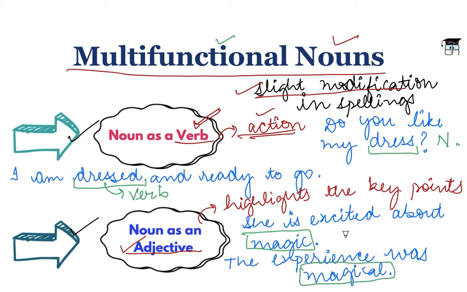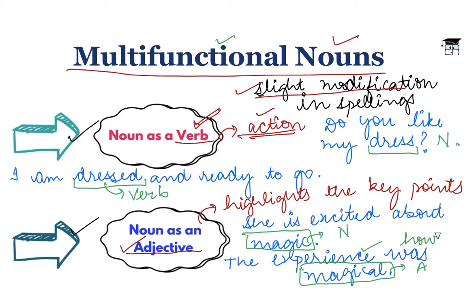We can clearly see that the word magic is slightly modified into the word magical, right? But in the first sentence, it represents the function of a noun. And in the second sentence, it represents the function of an adjective, because it is telling us about the noun experience, how was the experience.